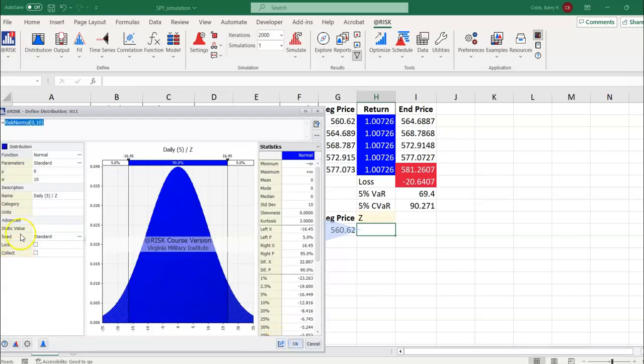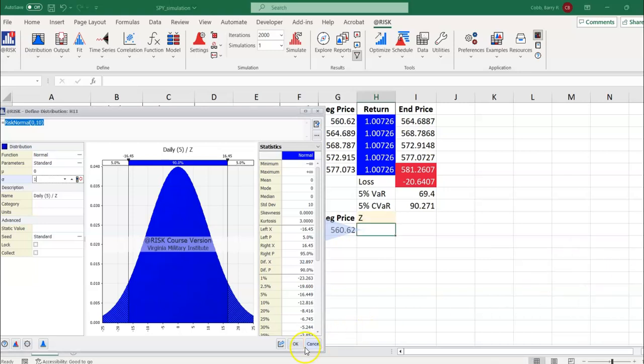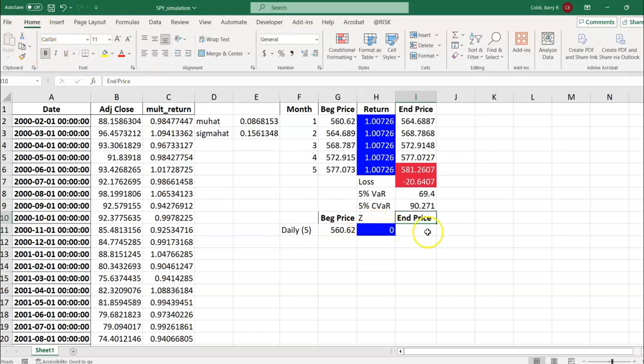And a standard normal distribution is one with a mean of 0, which is what's in here, and a standard deviation of 1. So we need to change that to 1. And so now that's a distribution. And then we use that distribution and the GBM parameters to calculate the end price.